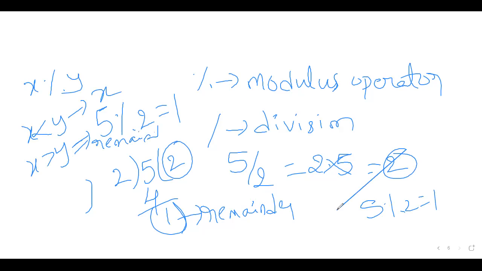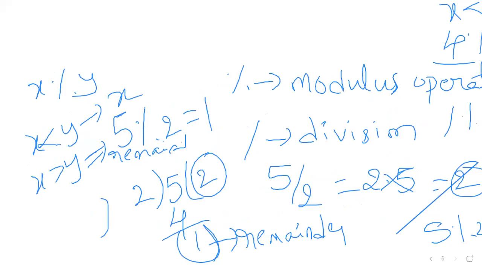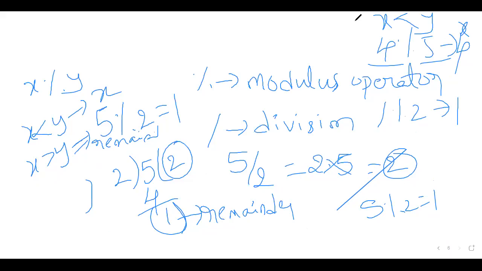For example, 1 modulus 2, I will get 1 only. 4 modulus 5, I will get 4 only. Why? Because here I assumed x, this is y. X is less than y, then it becomes x itself. If it is greater than or equal to y, then it will go with the remainder.